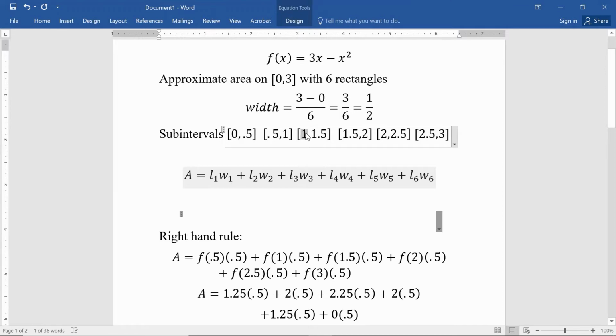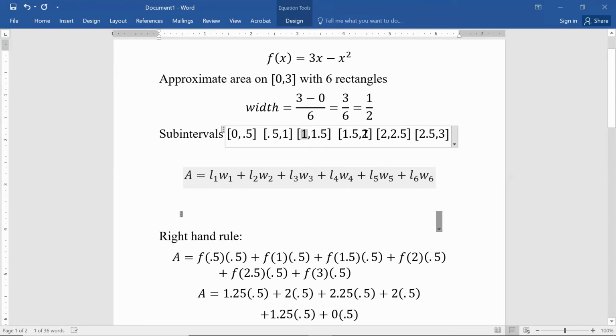You'll notice that a lot of these left-hand values were the right-hand values of the subinterval previously. So we plugged in 1 earlier in the right-hand rule for our second rectangle. Now I'm plugging in 1 for our third rectangle. Plugged in 2 earlier for our fourth rectangle.